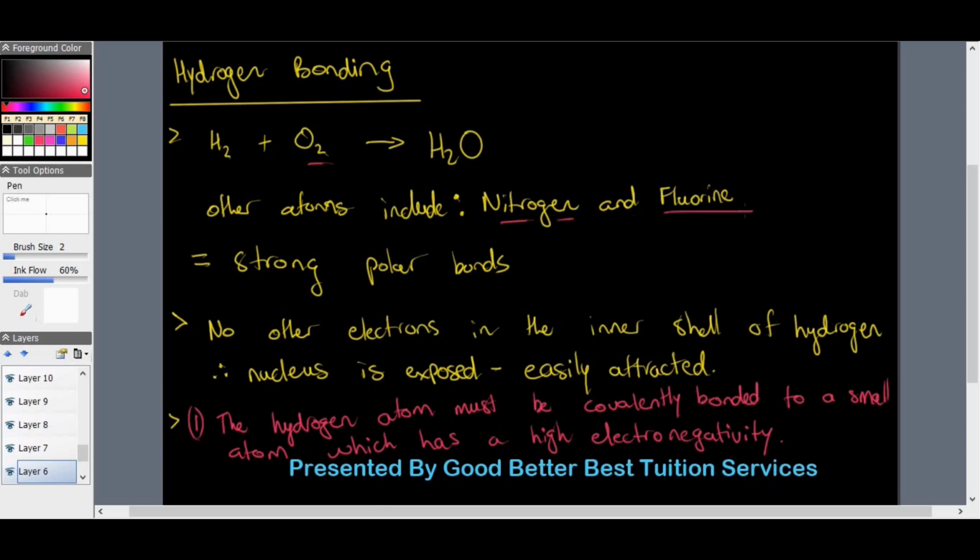That hydrogen atom must be covalently bonded to any one of those.